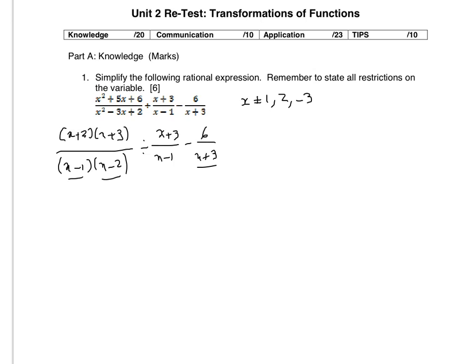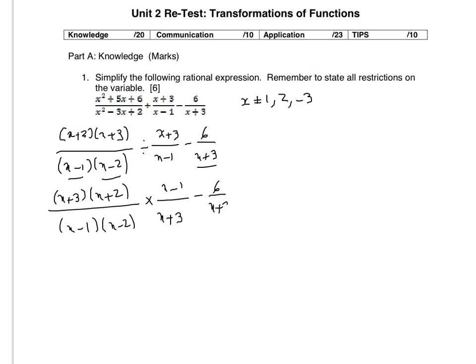Now I'm going to flip the second fraction and change the division to multiplication. So I'm going to get x plus 3, x plus 2 divided by x minus 1, x minus 2, times x minus 1 over x plus 3, minus 6 over x plus 3. Again, I check the denominators.